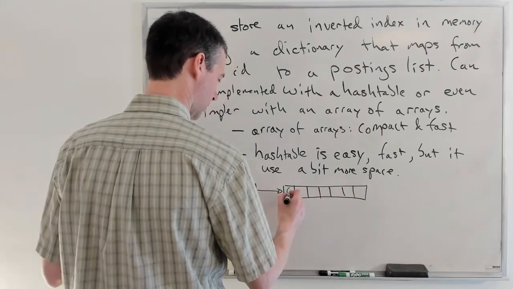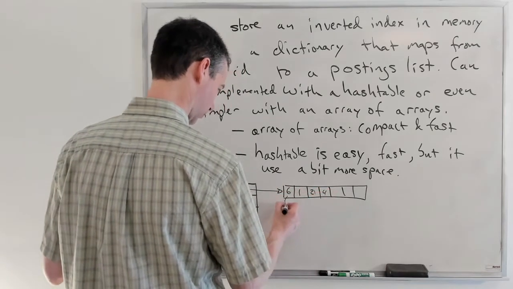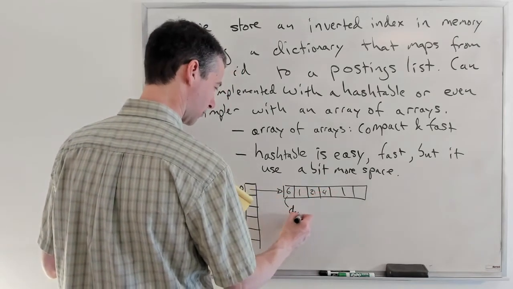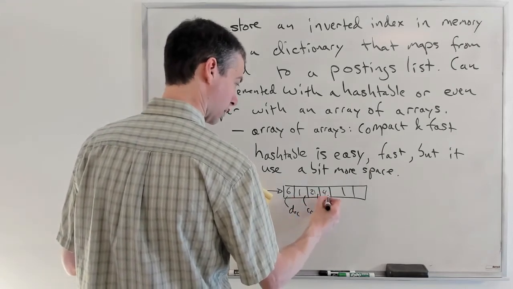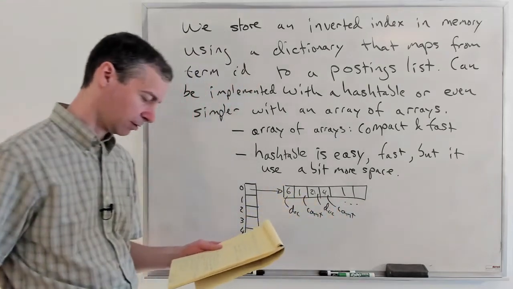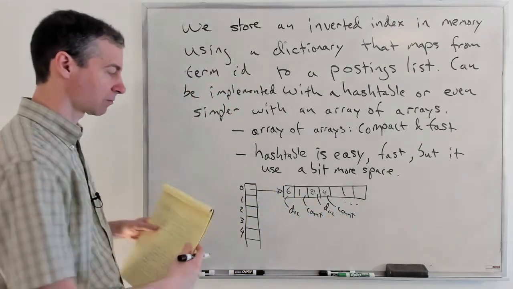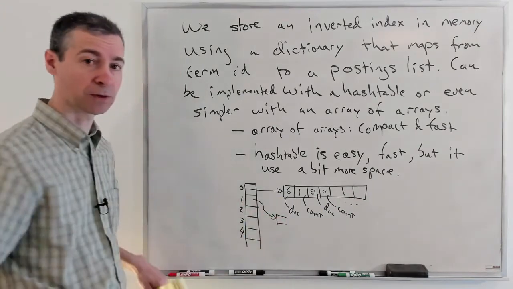And so you're going to have something as follows. Again, where you've got a document and its count, document and its count, etc. All right. And then one goes off to its postings list and so forth and so on.